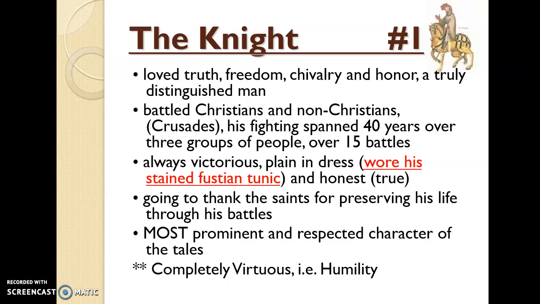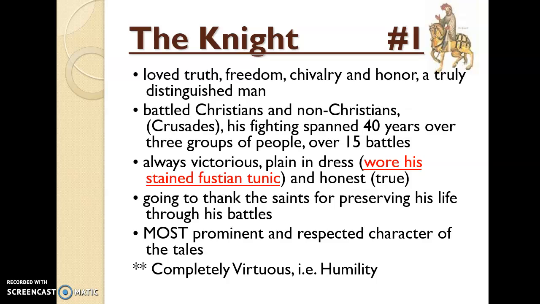You could potentially attach this element of vanity to the knight, maybe, but because he is so plain in dress, it kind of takes away that potential of him being vain.